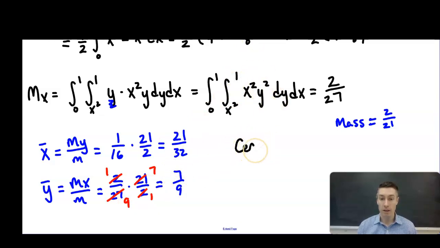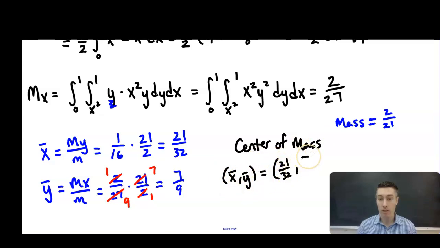So that gives us a center of mass, which is x bar, y bar, at the point 21/32, 7/9. So that's the point at which this particular lamina would be perfectly balanced. Another way to think of it is if we concentrated all the mass at this particular point, that point mass would have the same moments as the lamina that we've been working with in these examples.